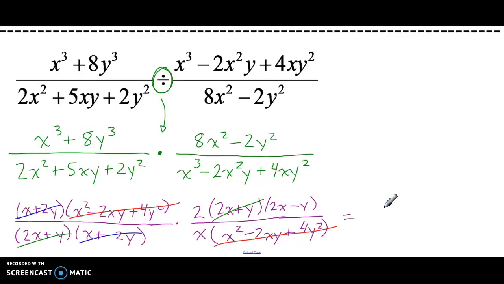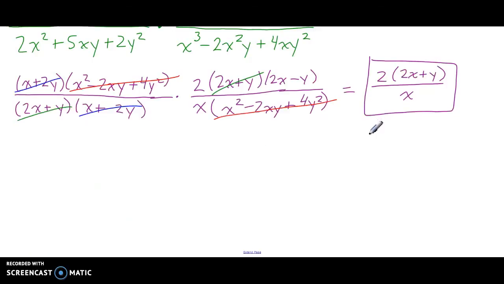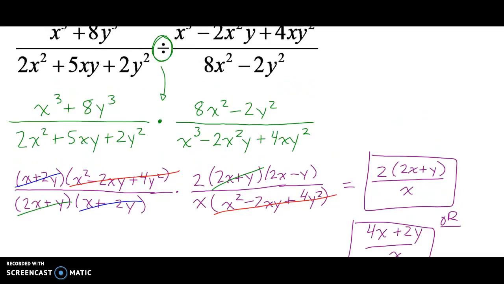When you're all done, you should have 2 times 2x plus y in the numerator, and just regular old x in the denominator. If you prefer having everything multiplied out, you would write that as 4x plus 2y over x. Either one of those is an acceptable answer. Those are both considered correct answers to that problem there.